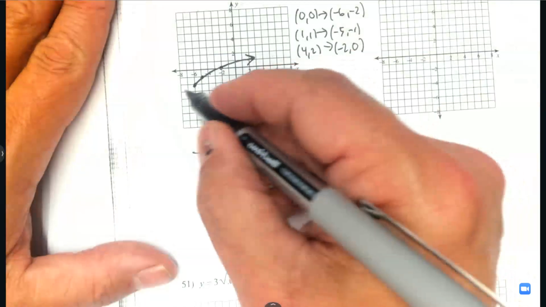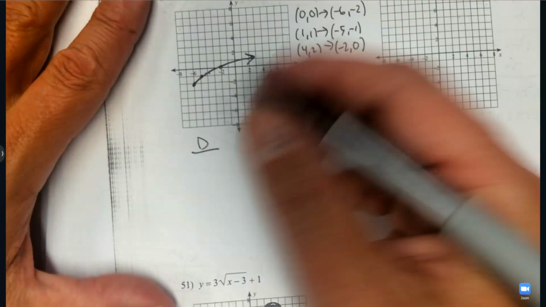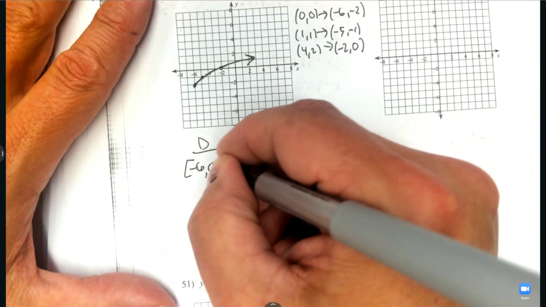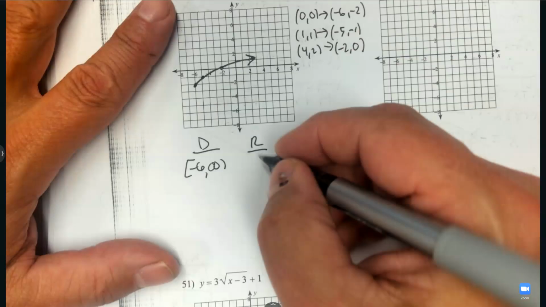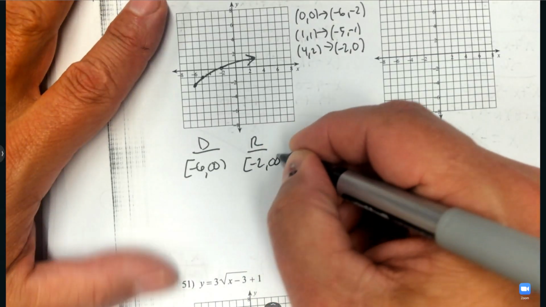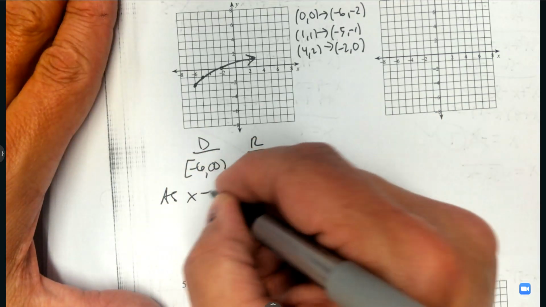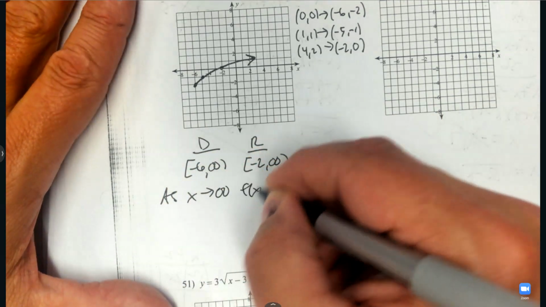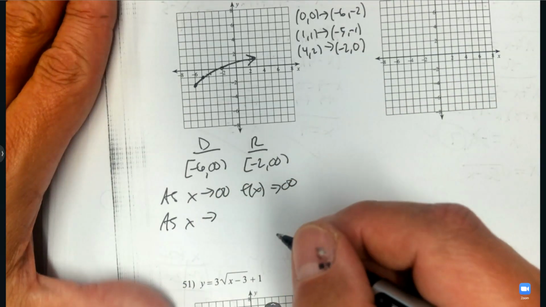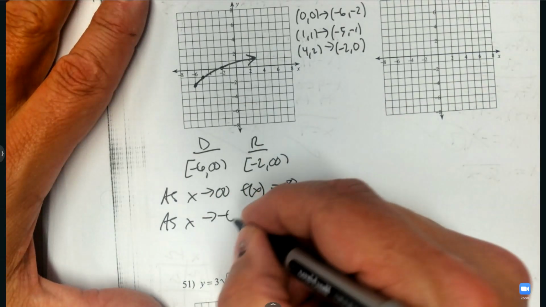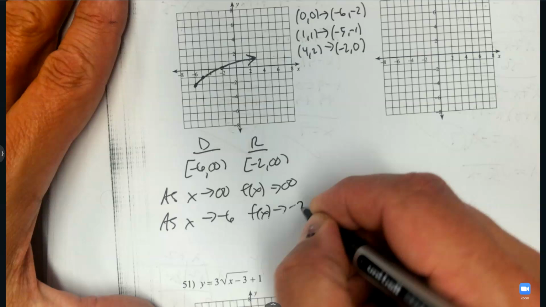That comes from your original point, the x value, negative 6, to infinity. The range, that's your first point, the y value, the lowest y value, which is negative 2. And the end behavior, even though it doesn't say it: the right end goes up, and the left end is the point h, k, which is negative 6 and negative 2.